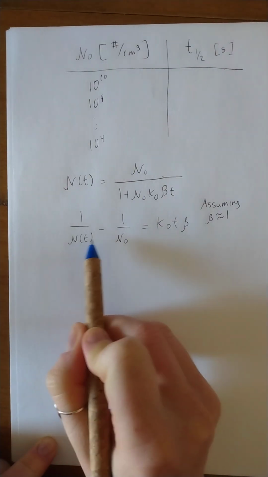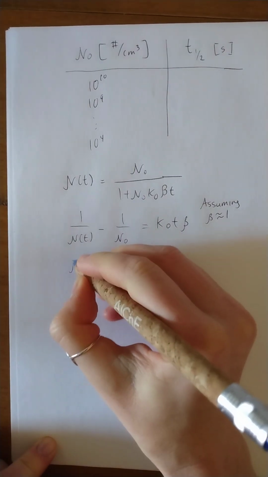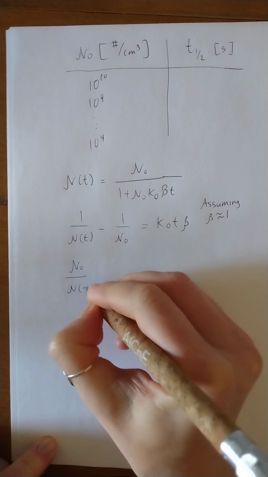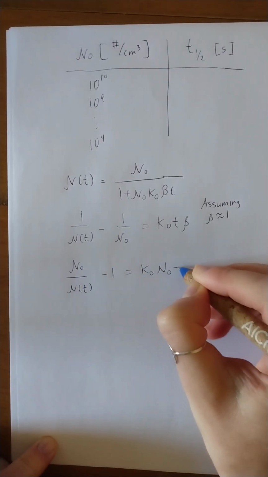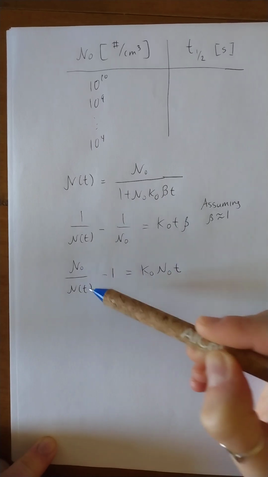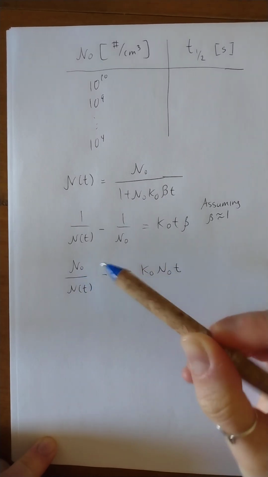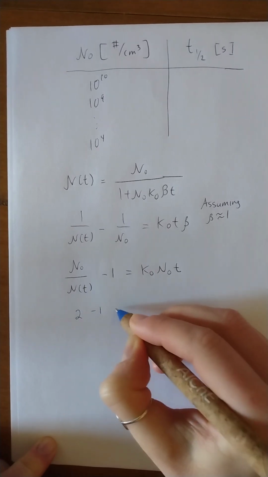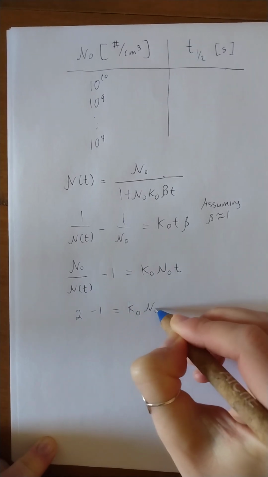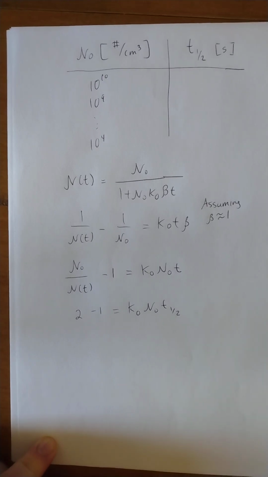Then I'm going to multiply through everything by n naught. And if n over n naught is 1/2, then this is the inverse of that. It's 2 minus 1, and that's going to then give us an expression for t sub half.